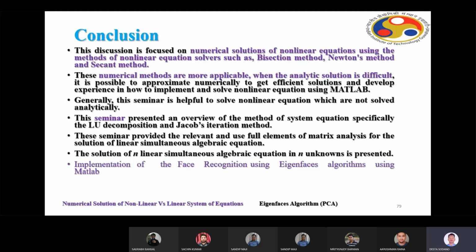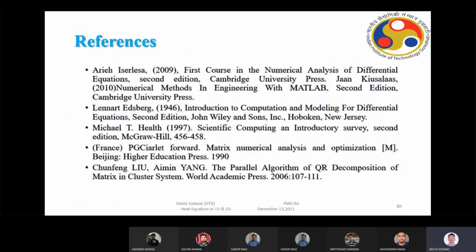The last one is the demonstration and implementation of face recognition using the eigenface algorithm in MATLAB. This is the reference from which I collected many materials for this seminar.